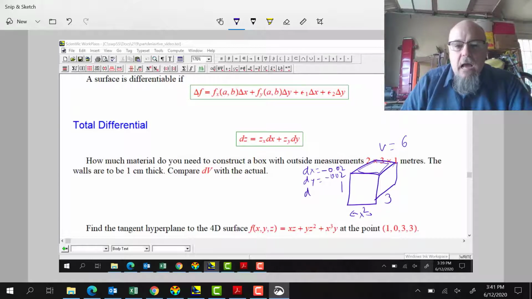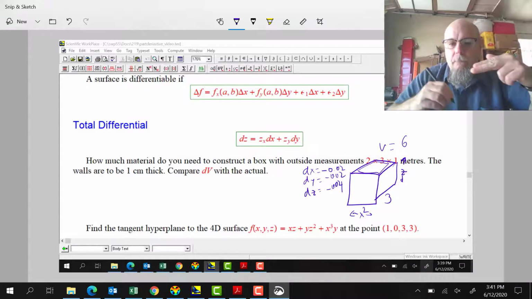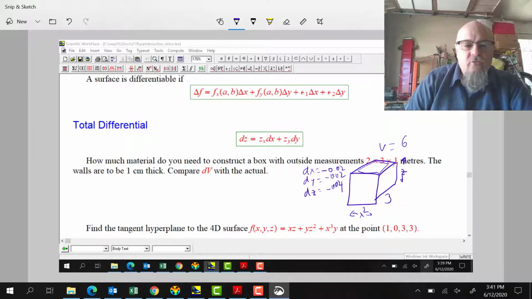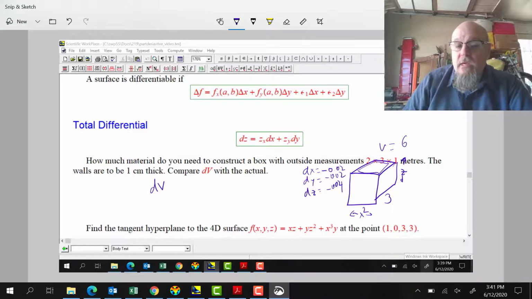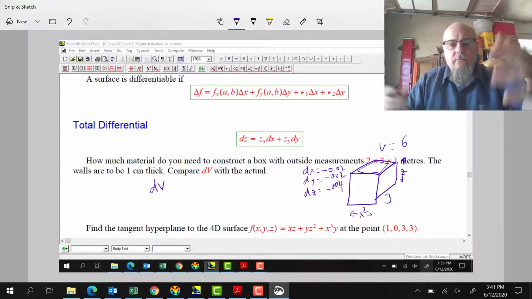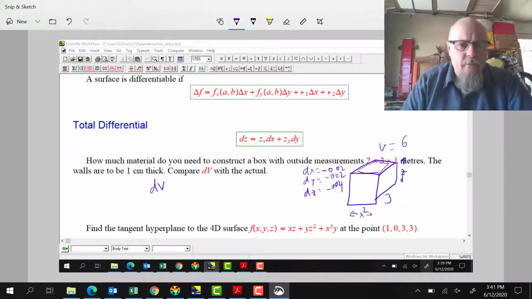And let's say there's a lid on it. So the change in the z is also minus 0.02 from outside to inside. So the actual change in the volume, which would be equal to how much material I need, the change in the volume from the outside to the inside, is just the volume of the hole.